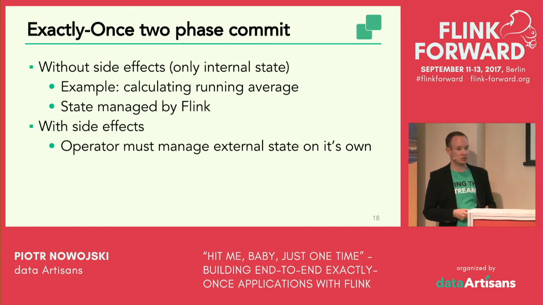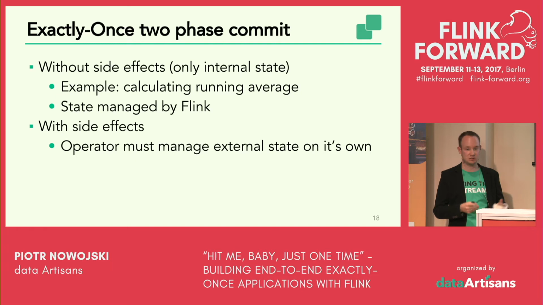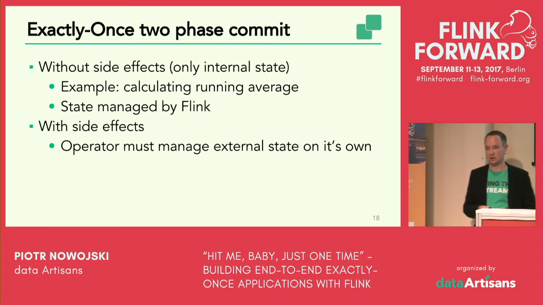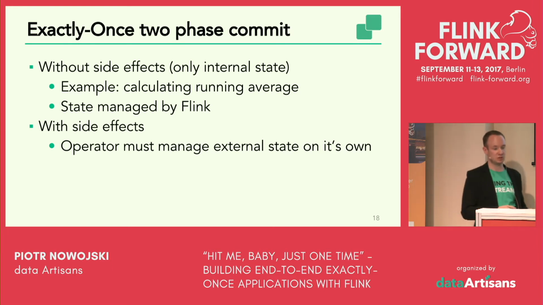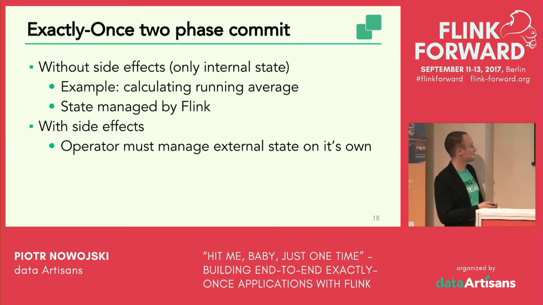Without side effects, those are simple operators. The state is fully managed by Flink. For example, for a running average, that's only the current running average value, and it can be stored in the Flink state backend. However, if we have side effects, like an open external transaction, that's something that we have to manage ourselves. For that, we need our two-phase commit protocol.